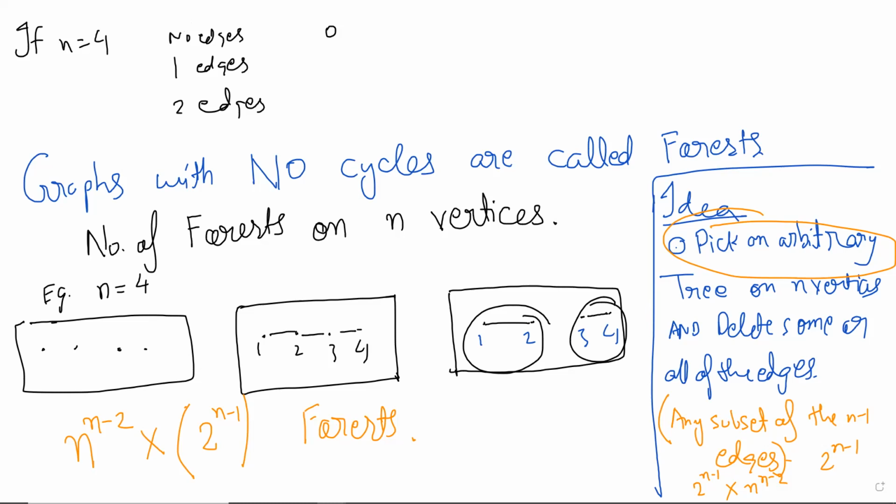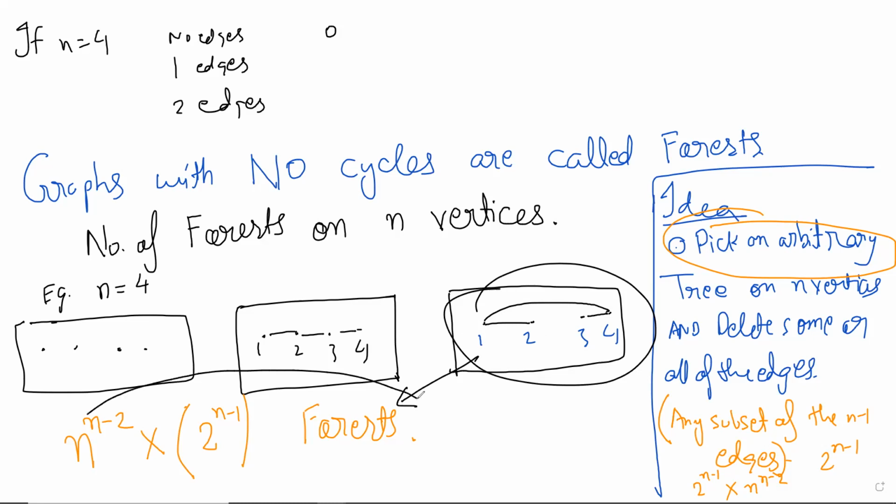Which graph? Last one. Then this method will not work. Why? No, but there is no cycle. No, but this is also counting. In this method, he will get this because he's taking all subsets.